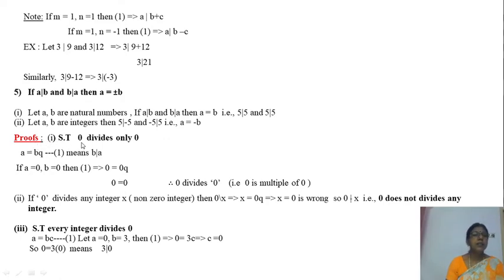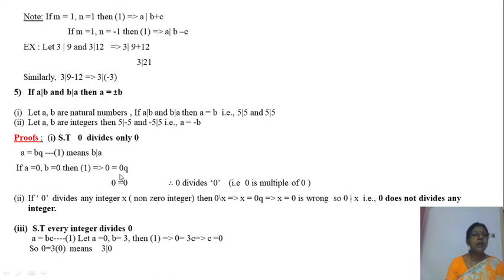Okay. Next, see another problem. Show that 0 divides only 0. 0 divides 0. By the definition of divisibility, A is equal to BQ means B divides A. Suppose we take A is equal to 0, B is equal to 0, then equation 1 implies 0 is equal to 0 into some integer.